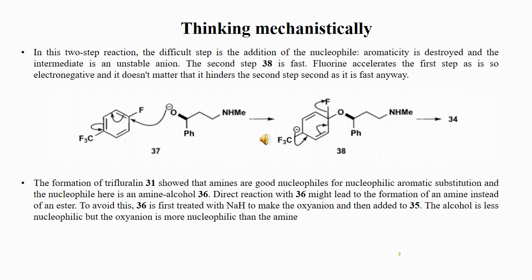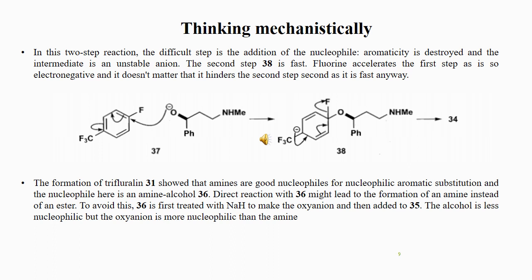The number 36 was given in the previous slide. This is 36, the amino alcohol, which is attacking on 37, the aromatic ring. So this negative ion of the amino alcohol is 36. Amines are good nucleophiles here. The alcohol part of it is actually attacking the aromatic ring.